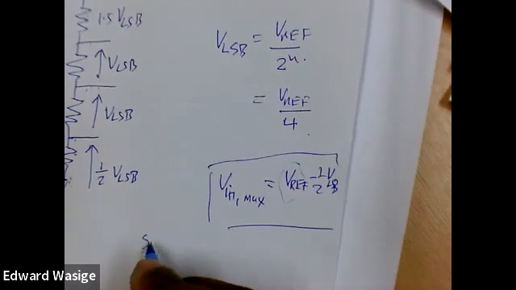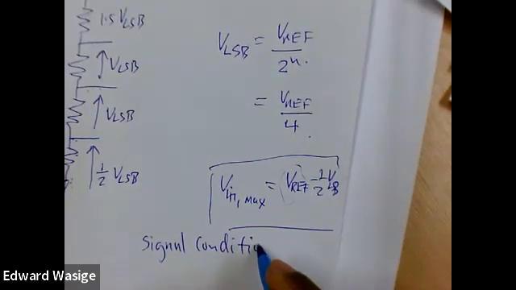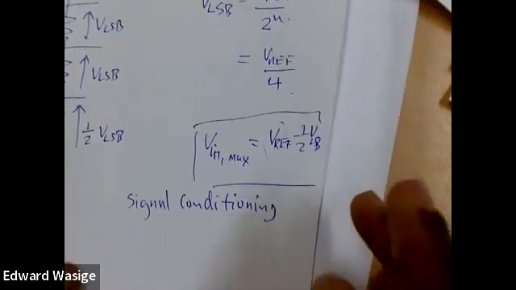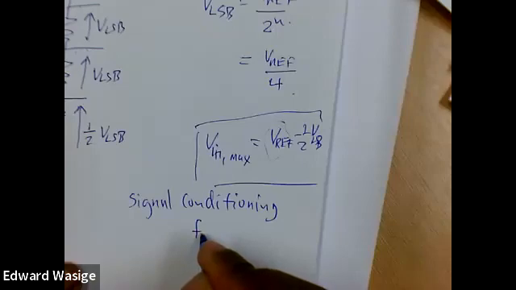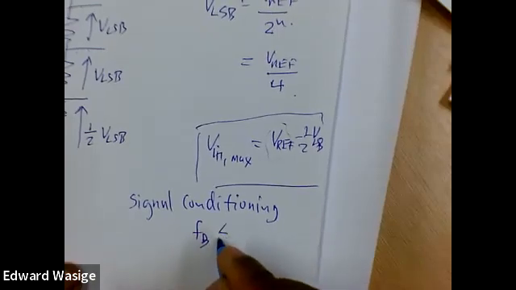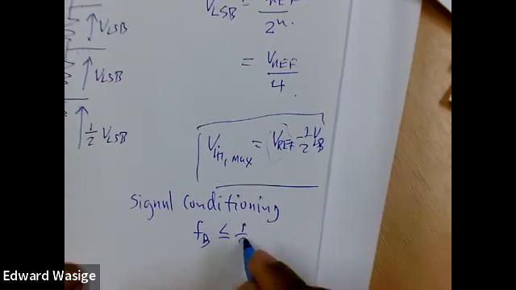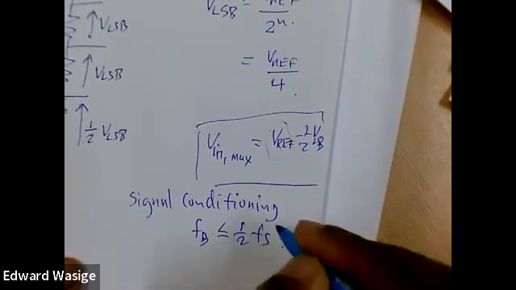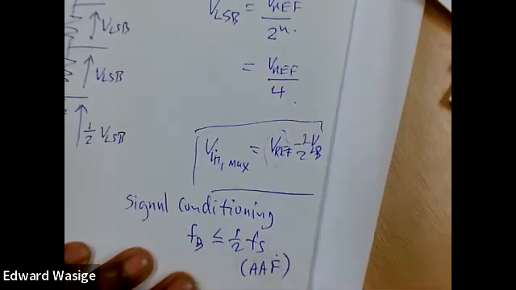And we do something called signal conditioning. Before you digitize your signal, you make sure that FB is less than half FS. So you pass this through what we call the anti-aliasing filter.